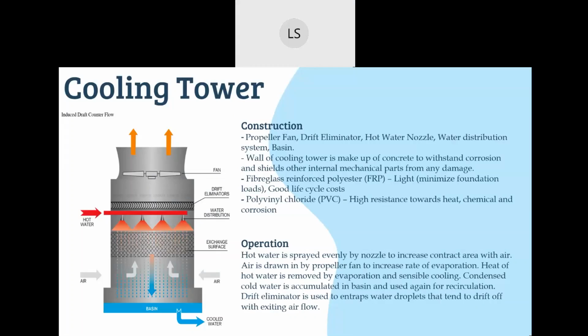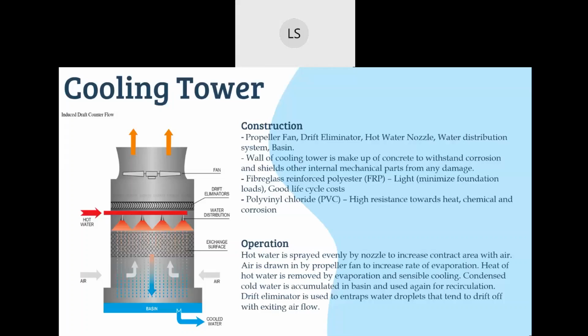Besides, fiberglass reinforced polyester, FRP, is used because of its light properties, which can minimize foundation loads, and it also has a good life cycle cost. Moreover, polymer PVC is used as one of the materials because PVC is highly resistant toward heat, chemicals, and corrosion.